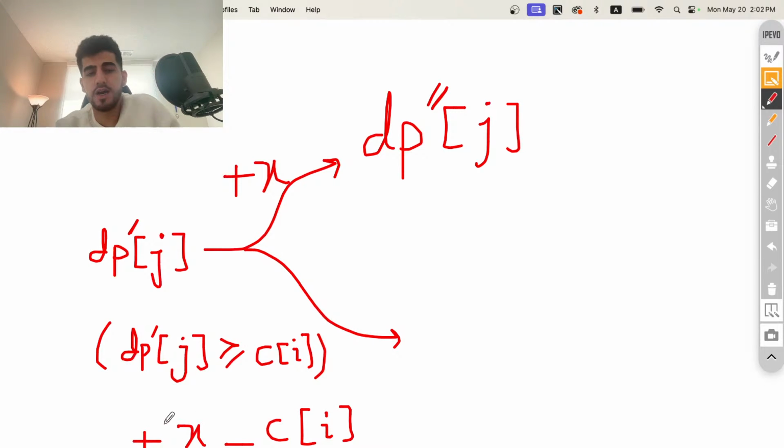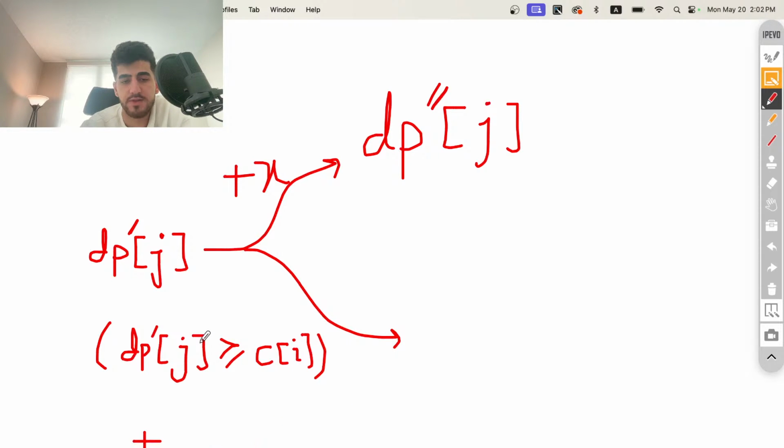But the final answer is going to be at least 0, because we know that dp prime of j is greater than or equal to c of i. So when I subtract c of i, it is at least 0, and then x will be added to it. So maybe it's better if I write it like this: first it will be subtracted by c of i, and then it will be added by x.